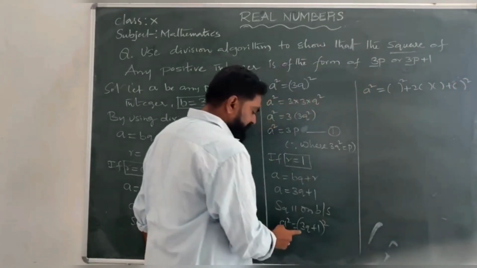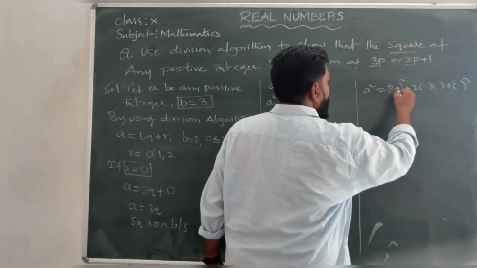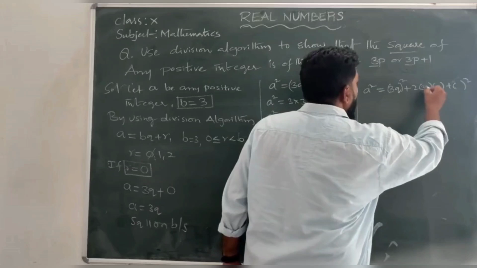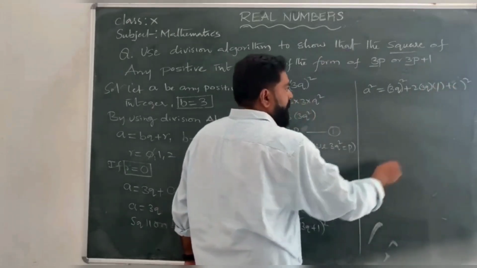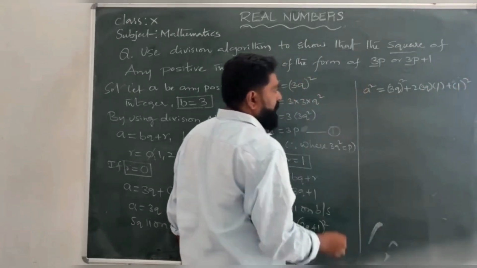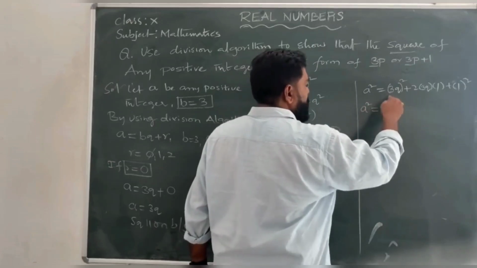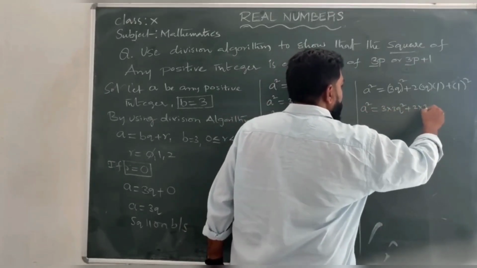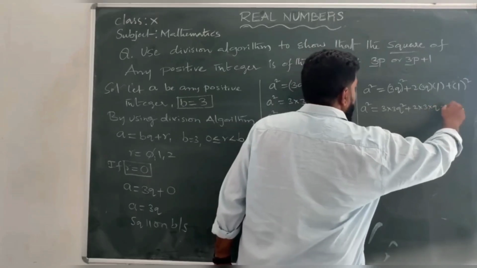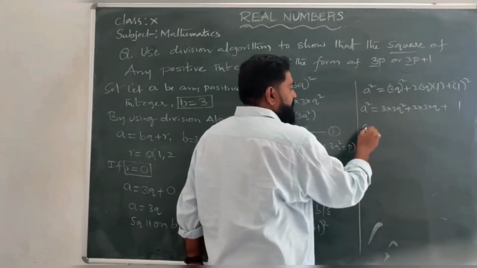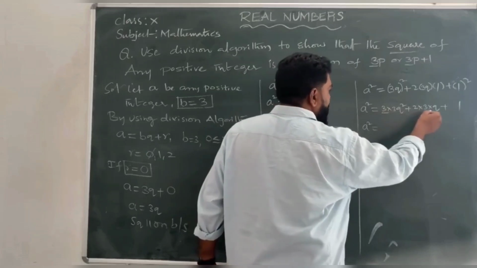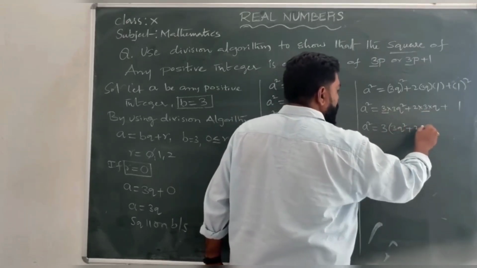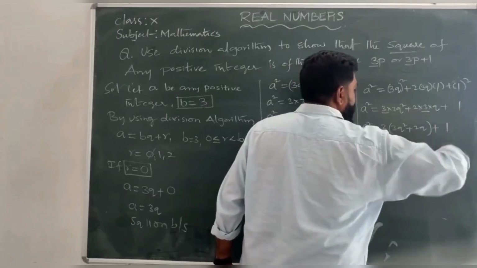Okay. So A is equal to 3Q. Then 2AB, 3Q plus 1. Here 1 square means 1. Okay. So we are taking A square is equal to 3 into 3 Q square plus 2 into 3 into Q plus 1 square means 1. A square is equal to, here 3 is the common term. So what are the remaining? 3Q square plus 2Q plus 1.